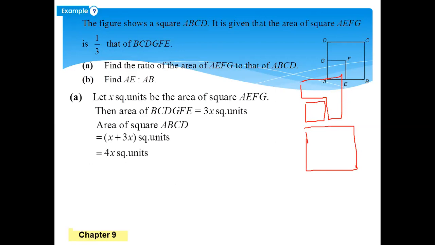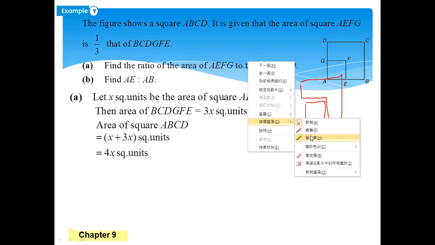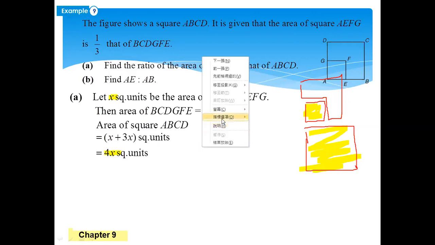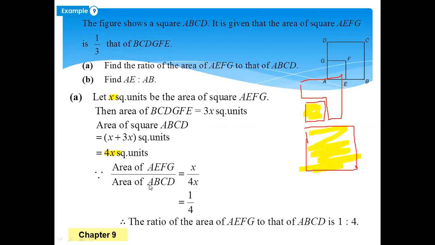And answer question A. Ratio of the small to the large, so it is x to 4x. Hence, area of the small to the large, cancel x, so you have the ratio of these areas, 1 to 4.